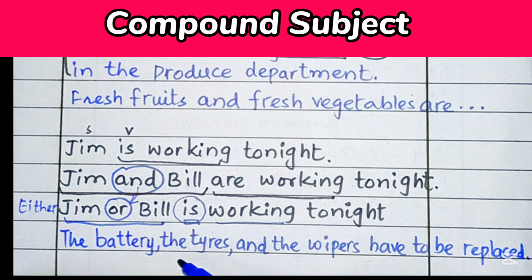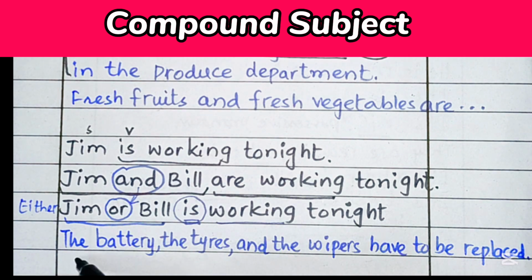The battery, the tires, and the wipers have to be replaced. So in this last sentence, we can see that we have three options: the battery, the tires, and the wipers. So after battery, we have this comma, then the tires, another comma, followed by the conjunction and the wipers.